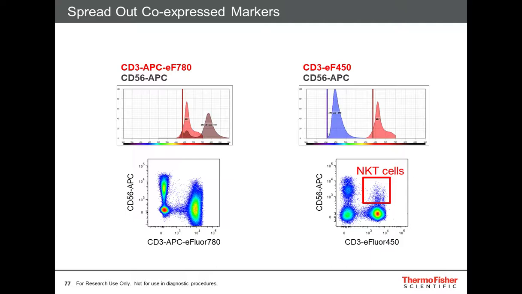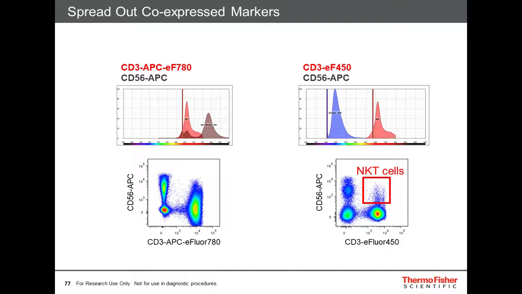So here we'll start out talking about spillover spreading. We talked a little bit about looking at fluorochromes that have emission spectra that overlap. On the left, you'll see an example of CD3 APC-eFluor 780 and CD56 APC. You can see that those emission spectra overlap a bit.